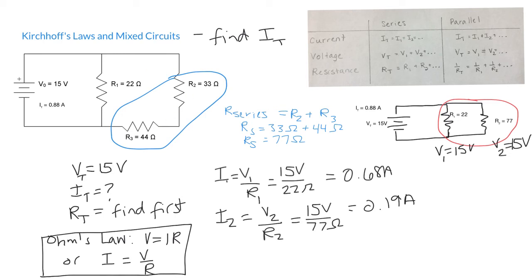I now know that this current going through this first resistor is 0.68.